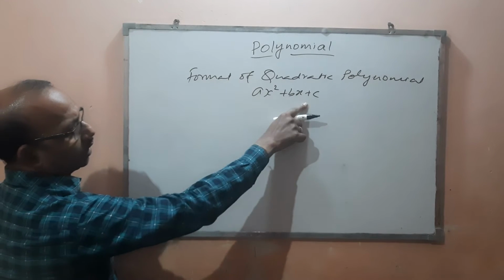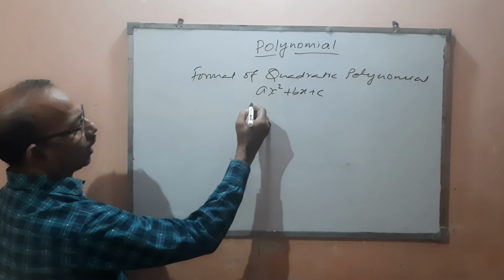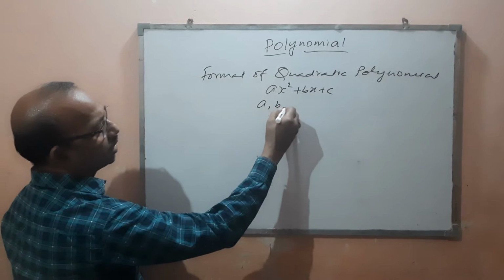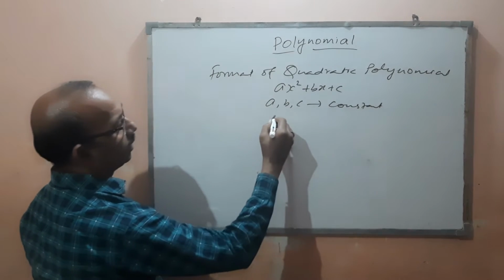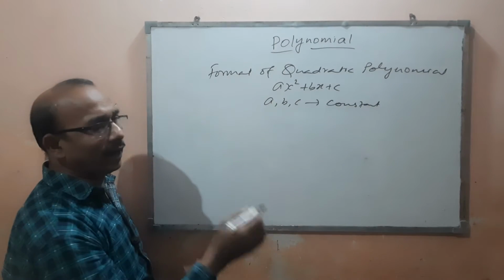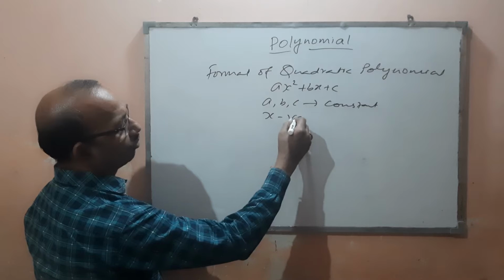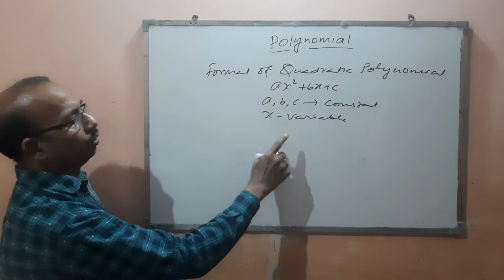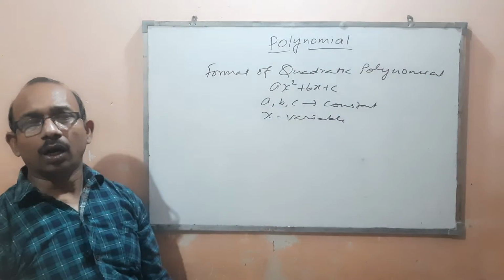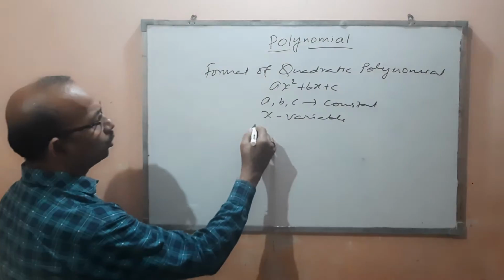And a, b, c are the constant values. So at first I write here: a, b, c are constants, and x is the variable. What is x? A variable which has two values. Those values are called zeros.